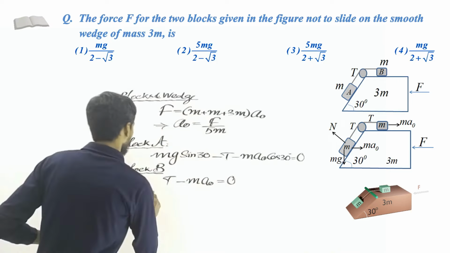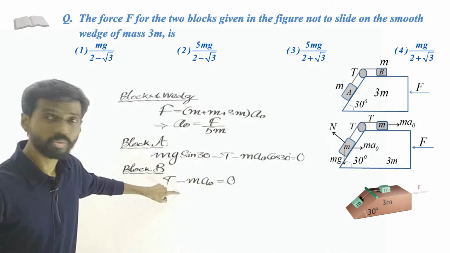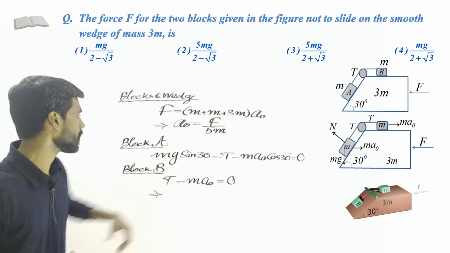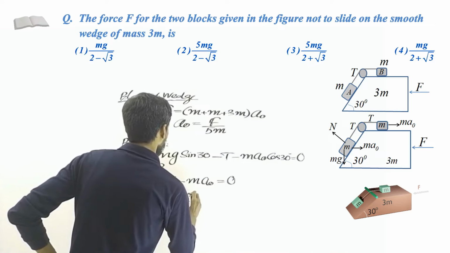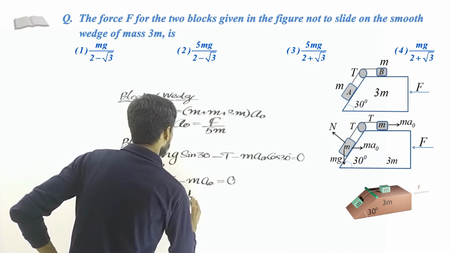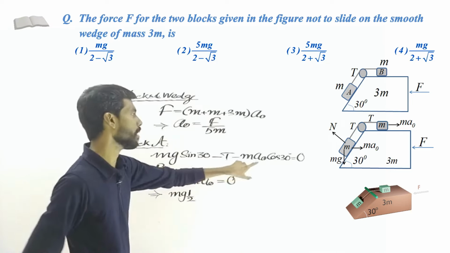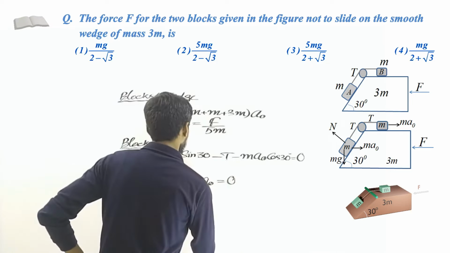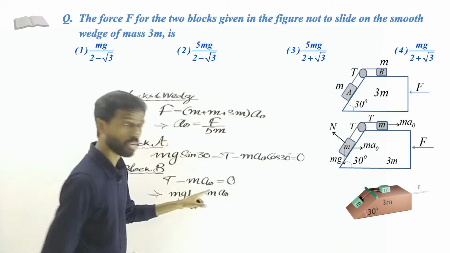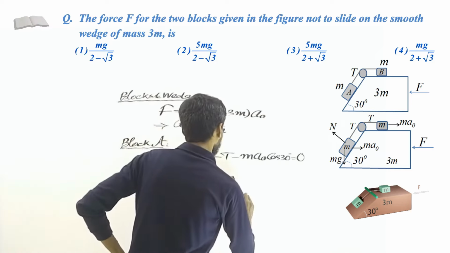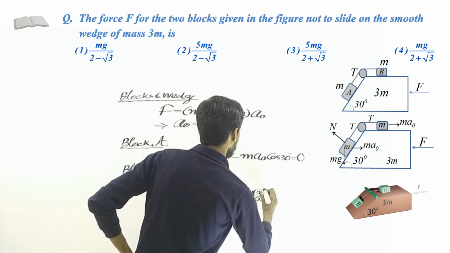If you add these two equations, T gets cancelled. We get mg multiplied by sin 30, which is mg times 1 by 2, and m a0. Taking it to the other side, we take out the common factor m a0: 1 plus cos 30, and cos 30 is root 3 divided by 2.